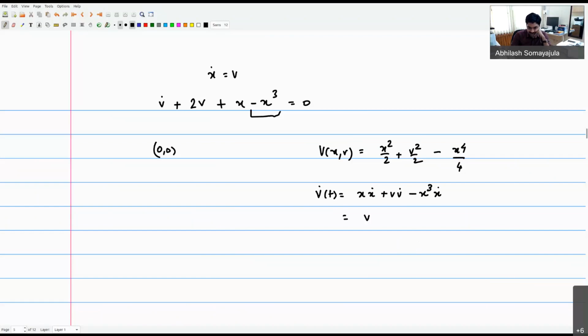Correct? But if I take v common, I'll get x minus x cube plus v dot, which becomes minus 2v square. Suddenly it looks like it is solving our problem. But is it really solving our problem?